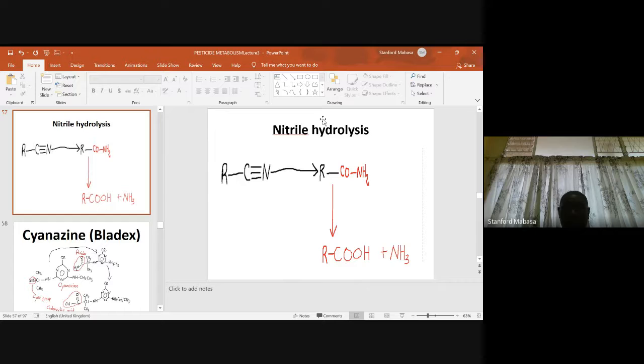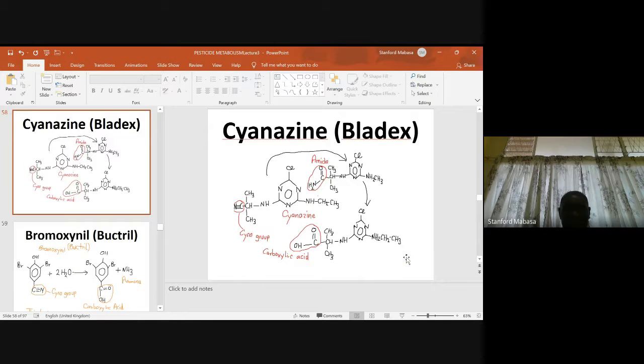So here I was going to talk about nitrile hydrolysis, where we change it first to an amide, then from an amide it goes to an acid plus an amine. We have an example of cyanazine or Bladex, where we have this triple bond here. It's converted to an amide. Then again, the amide is converted to an acid.